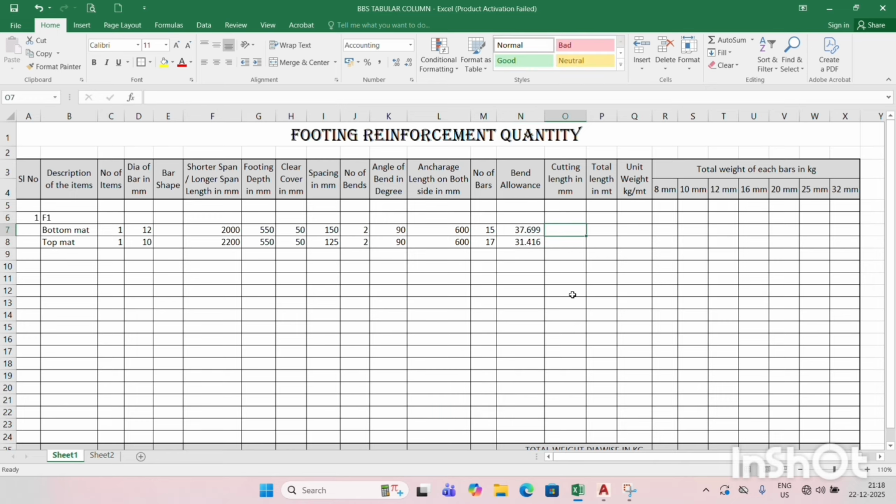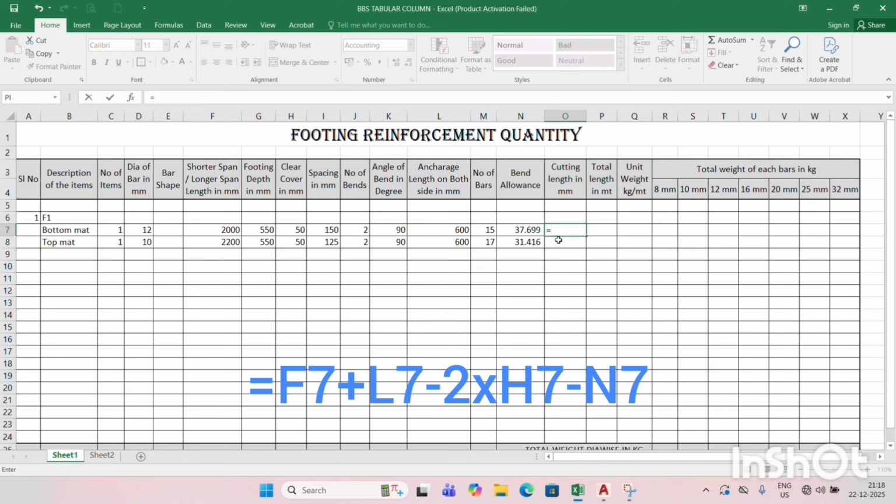Then cutting length. Cutting length is equal to length of footing plus 2 times LD, means we have already given 2 times LD over here, that's why LD, minus 2 times of cover, 2 into cover, minus bend allowance.